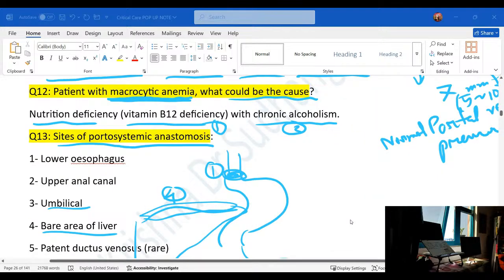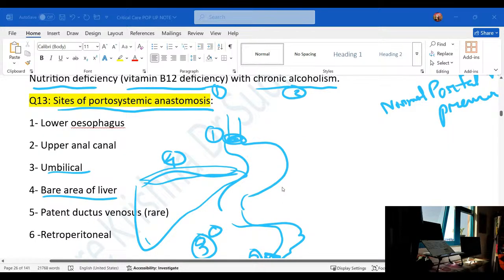Sites of portosystemic anastomosis: lower end of the esophagus and upper anal canal, umbilicus, bare area of the liver, patent ductus venosus, and retroperitoneal.